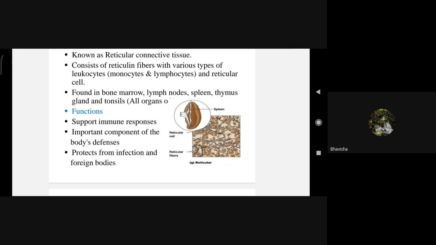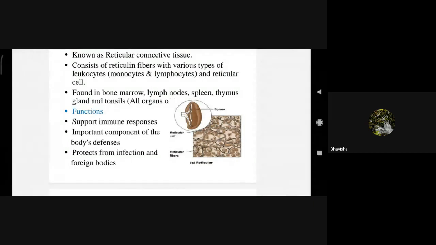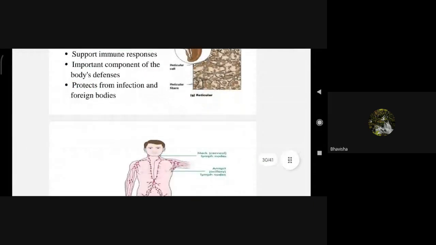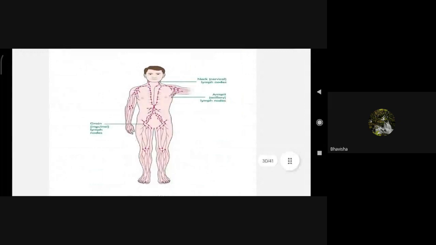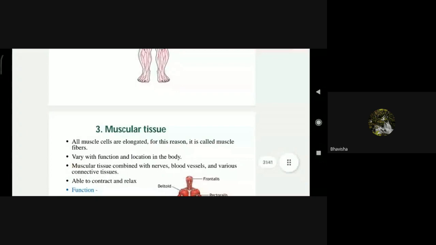This lymphatic system supports our immune system directly. These are the lymph nodes you can see in various parts of the body. Now, our connective tissue ends here.